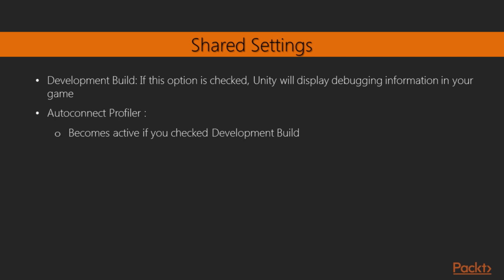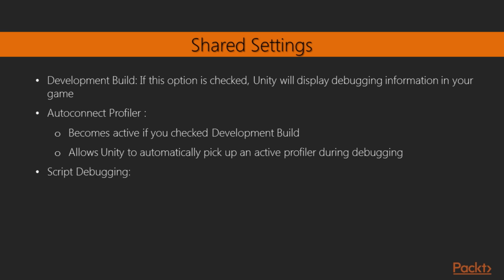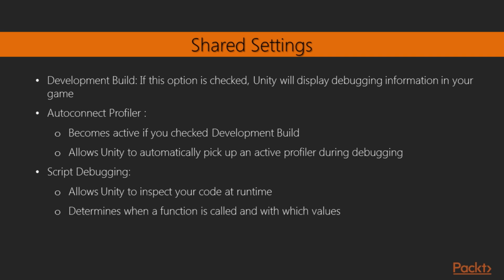This only becomes active if you've checked Development Build. It will allow Unity to automatically pick up an active profiler during debugging. Script Debugging. This option will allow Unity to inspect your code at runtime. It can help you determine when a function is called and with which values. Unity uses MonoDevelop to debug scripts in your game, so make sure that MonoDevelop is installed on your computer.